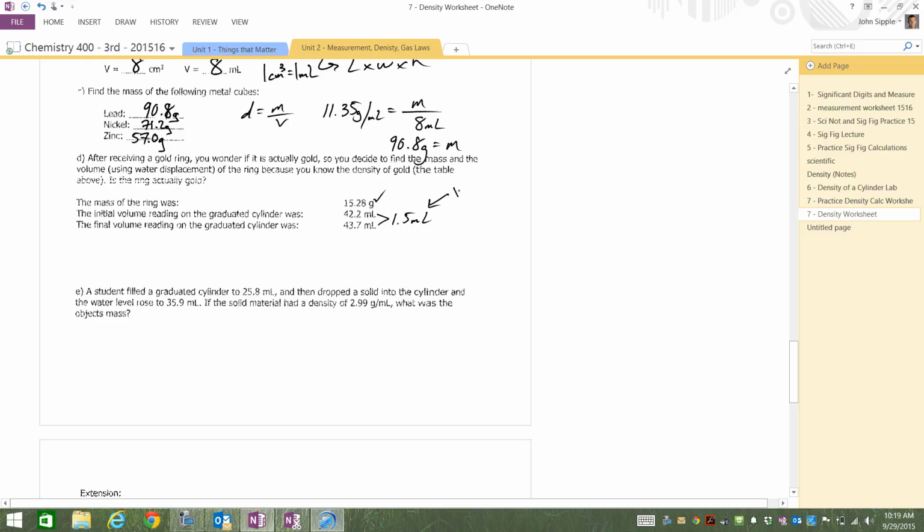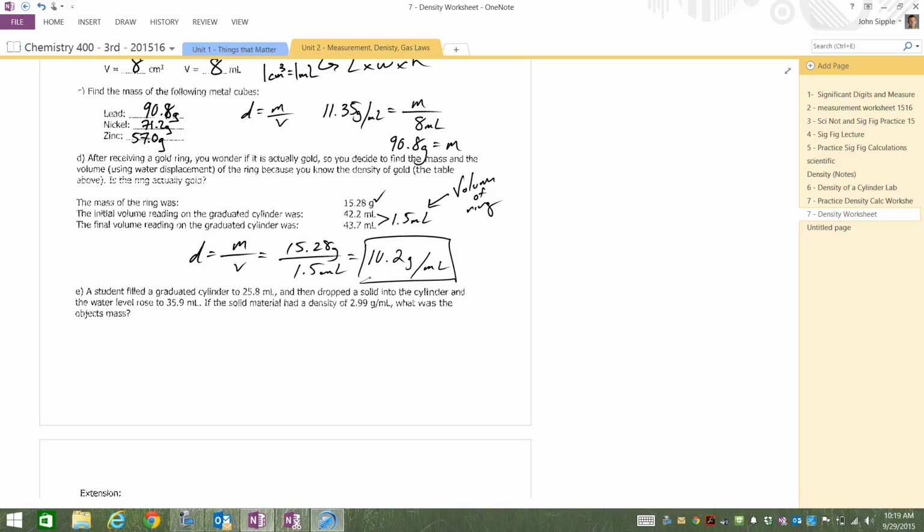That's the volume of our ring. So D is equal to M over V. We've got 15.28 grams for 1.5 milliliters. So I got 10.2 grams per milliliter. Don't forget to have units on your numbers, okay? And I rounded that to 3 sig figs there, 3 significant digits.